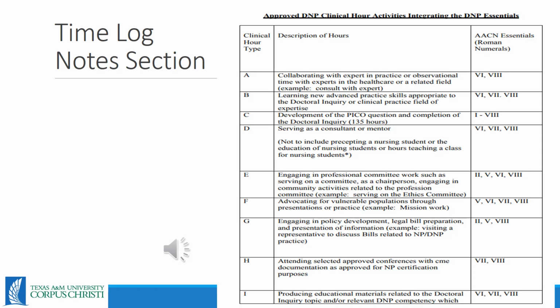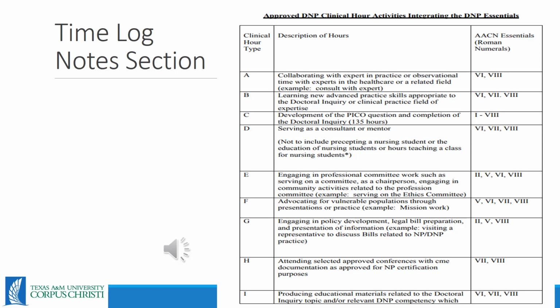There are a variety of experiences that you will complete in practice as a DNP student, which will help you to meet the DNP essential competencies. And here are some examples, and I will put these in the Doctor of Nursing Practice organization in your Blackboard, and you can look at them there: collaborating with experts in practice, learning new advanced practice skills, development of a PICO question, serving as a consultant or mentor, engaging in professional committee work.